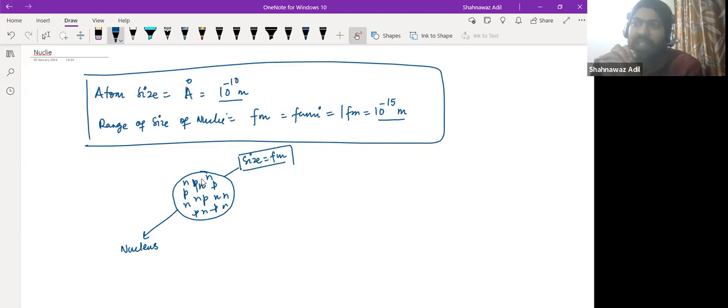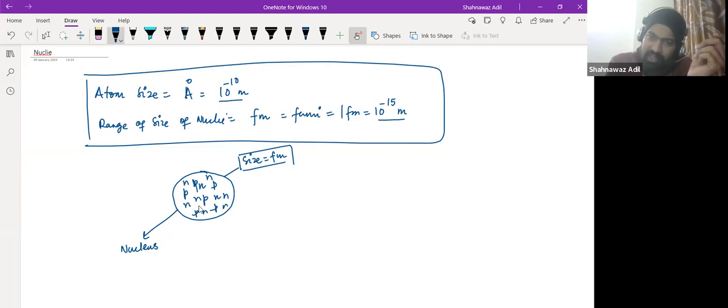What is the charge of proton? Positive, right? So proton is positive and the other proton is also positive. So they will repel each other, right? But the nucleus exists, right? So how is this Coulomb force not there in the case of the nucleus?